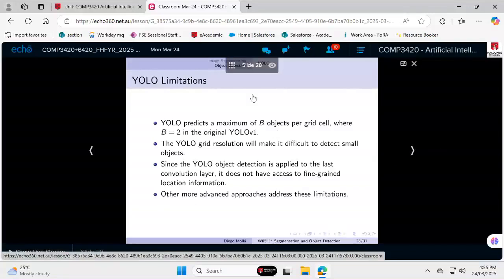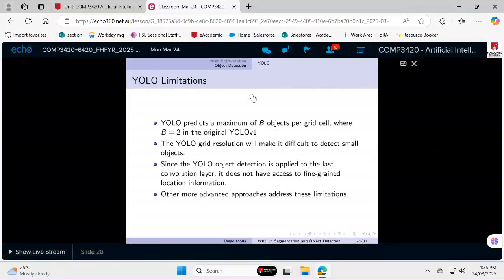Okay, so YOLO is very fast, but it has some problems that you need to know. One is, this is YOLO version 1. YOLO version 1 predicts a maximum of B objects per grid cell, and the grid is 7 times 7, so if 7 times 7 is times 2, it's going to find this many objects, but if there are more, it wouldn't find all of them.